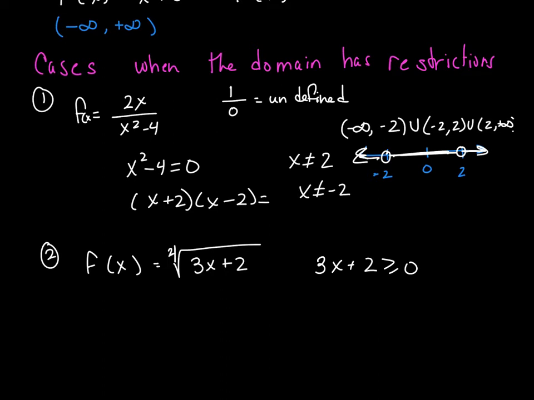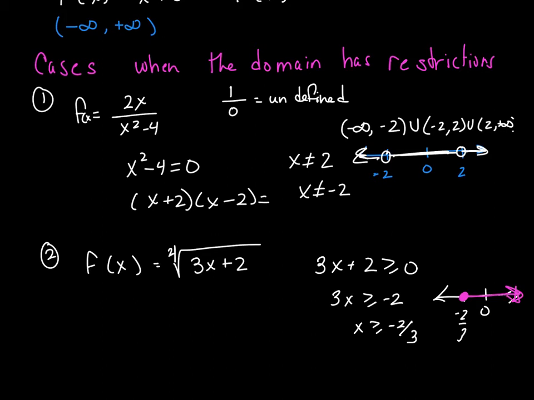So if I go through and solve that, I will get 3x must be greater than or equal to negative 2. Divide both sides by 3. x must be greater than or equal to negative 2 over 3. If you want to write that in interval notation, again, I think the best way to make sure you get the order in the right place is to think about drawing a number line, and this is included, open circle going towards positive infinity.